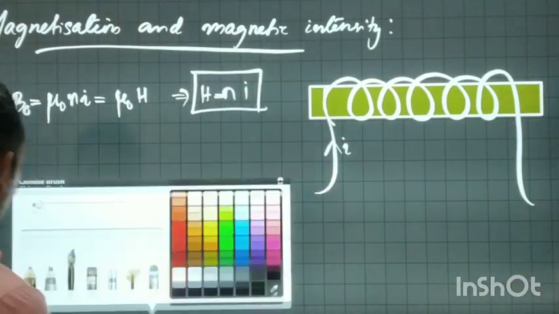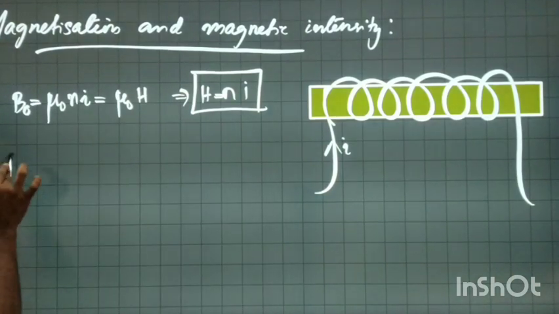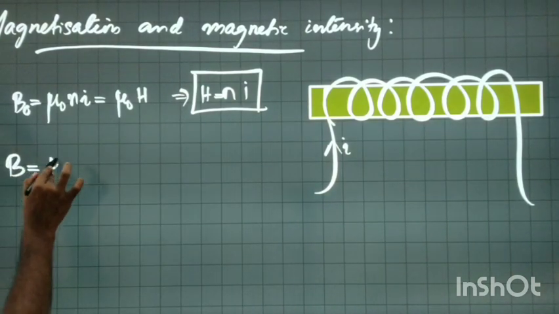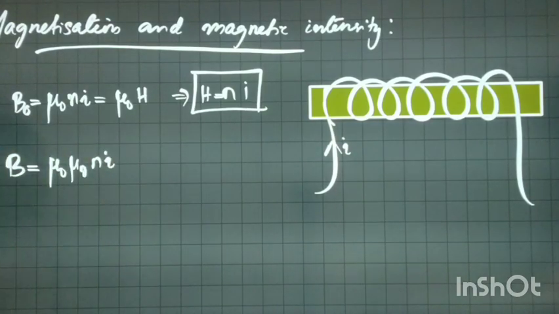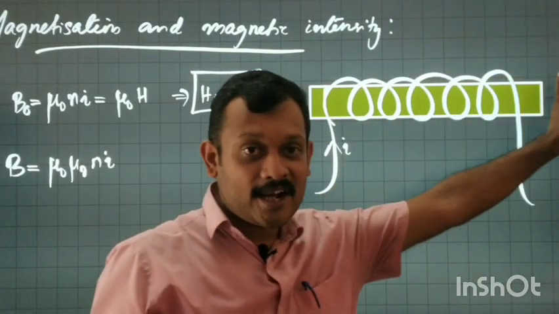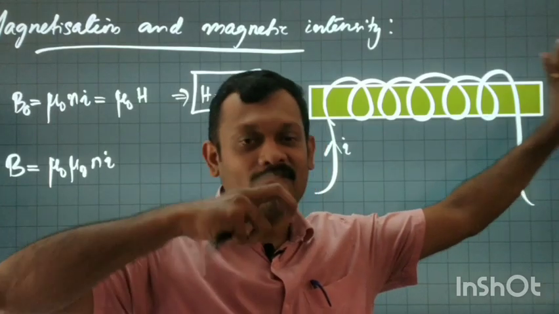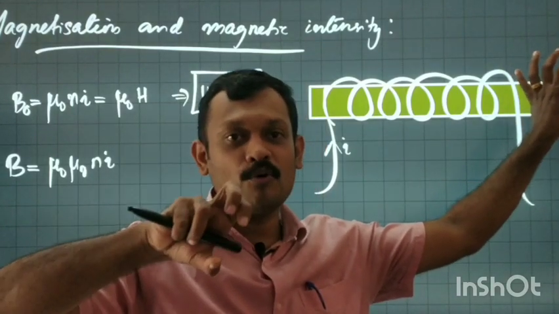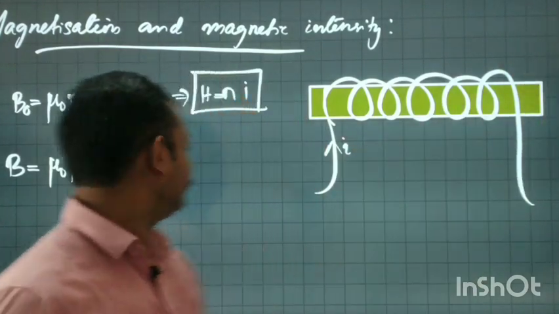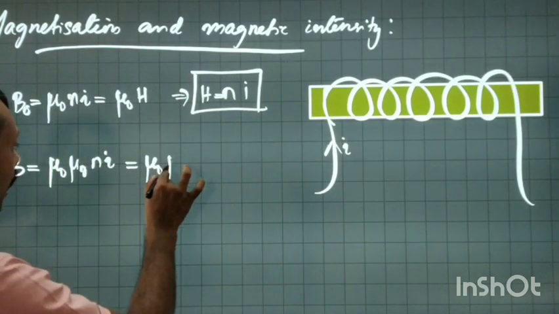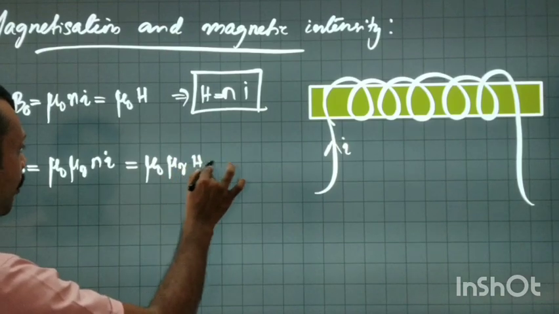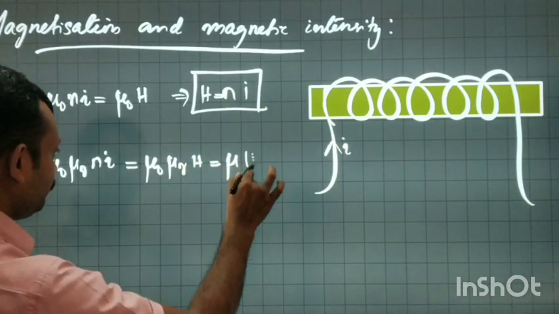Now the new magnetic field inside is equal to mu0 mu r Ni. On introducing a core, the permeability becomes mu, which is mu0 mu r. Now this can be written as mu0 mu r into H, or this is equal to mu H.